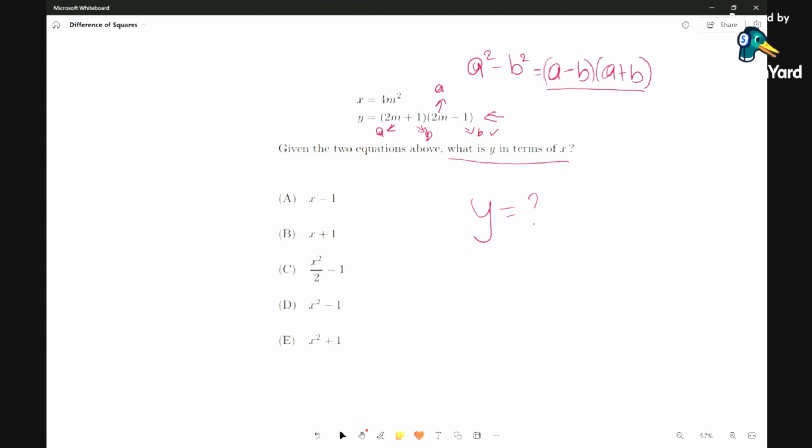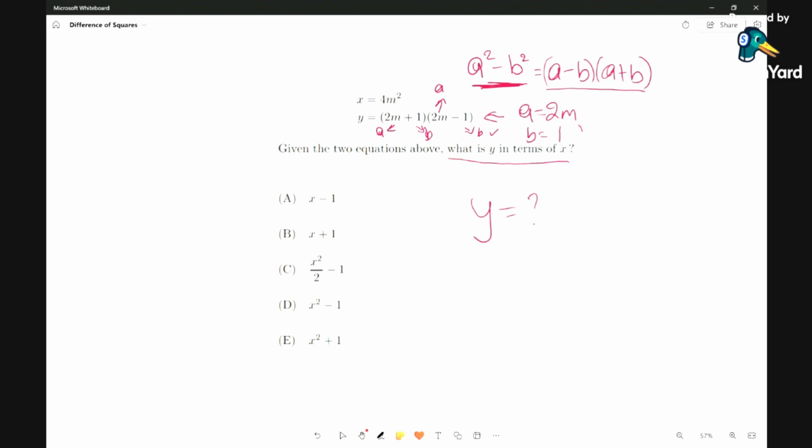Now, what do we need to do here is maybe I can bring it back to this side here or rewrite it with the left side. And so if I'm saying that a equals 2m, right? And b is equal to 1, what does that mean for me?